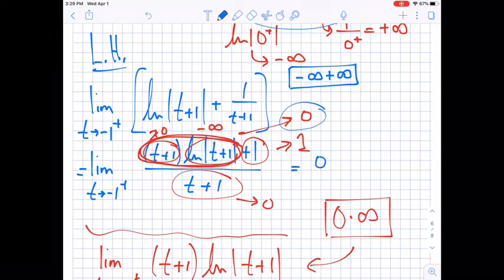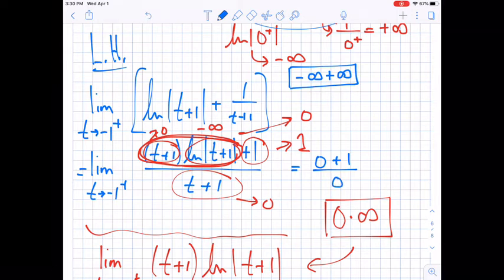That's this one right here. Plus 1 from here. That's our numerator. And in the denominator, our denominator is going to 0. So you see we have 0 plus 1 over 0.